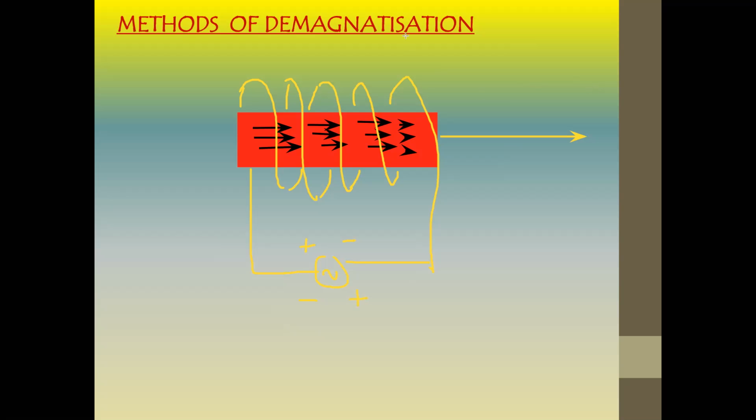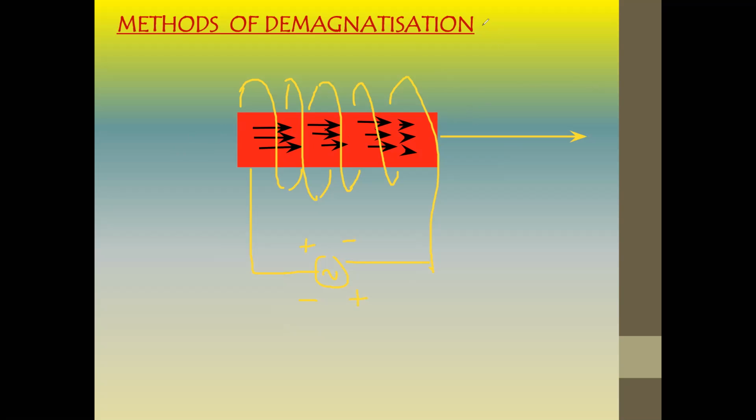Because what happens if the current is passing first in this manner, up, so the right hand side will be north, the left hand side will be south. But if the direction of the current reverses, it's downward, then the right hand side will be south and the left hand side will be north, and this will change continuously.